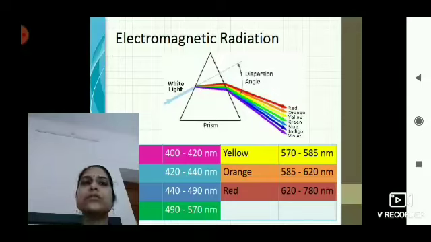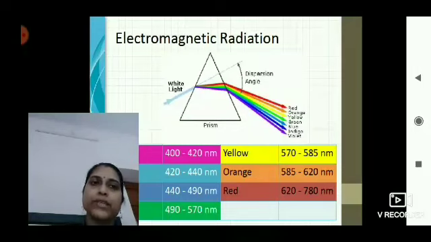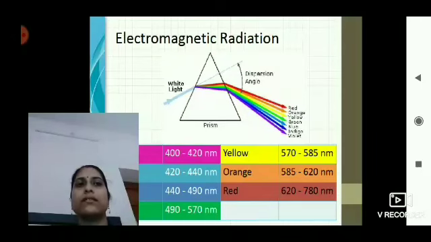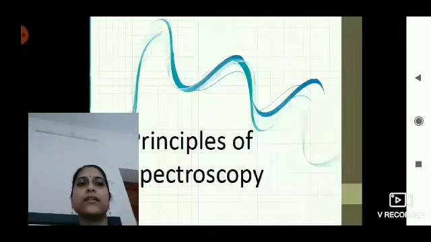One of the most emphasized properties of electromagnetic radiation is this: when white light passes through a prism, it gets split into seven constituents: violet, indigo, blue, green, yellow, orange and red. It means all wavelengths are split separately, and this is an important property of electromagnetic radiation.